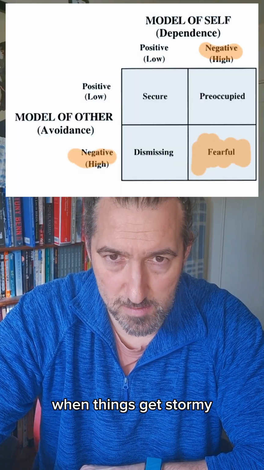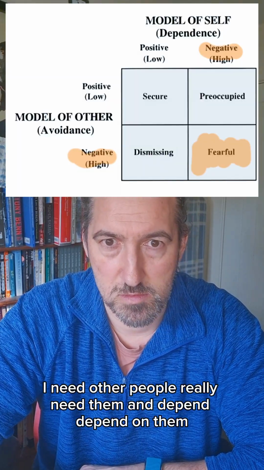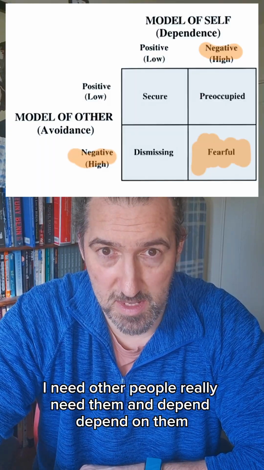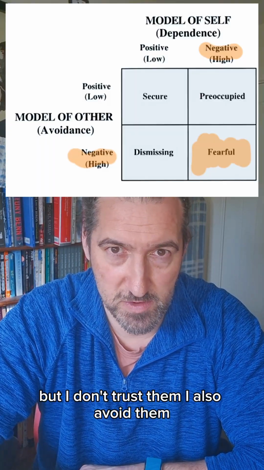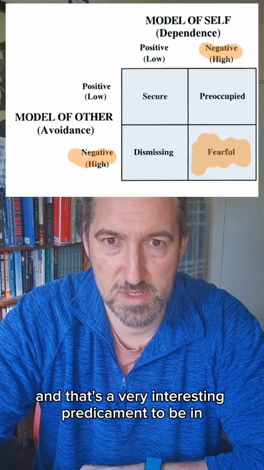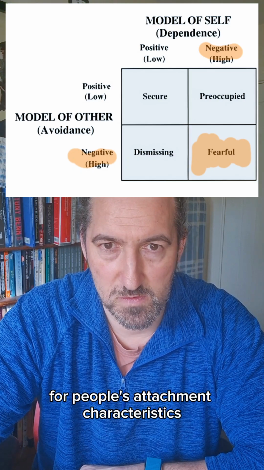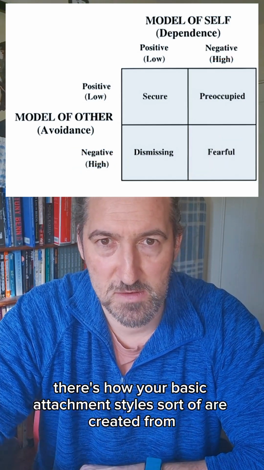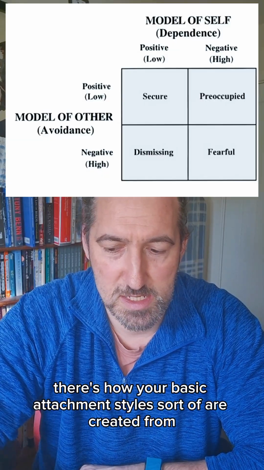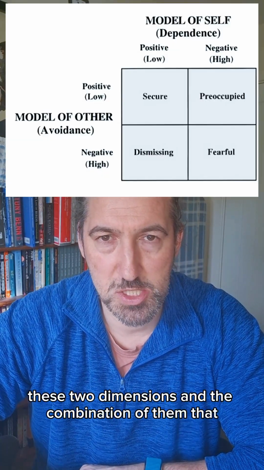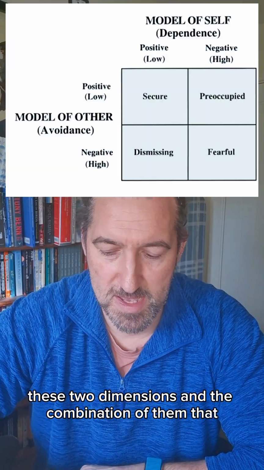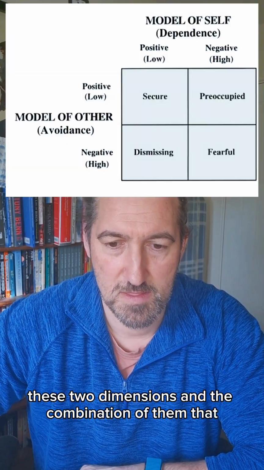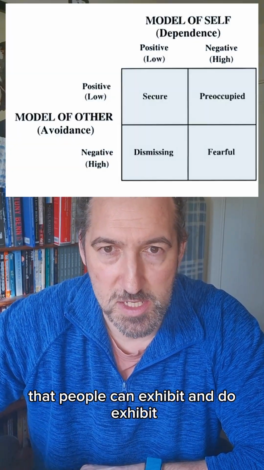When things get stormy, I need other people, really need them and depend on them, but I don't trust them. I also avoid them. And that's a very interesting predicament to be in for people's attachment characteristics. There's how your basic attachment styles sort of are created from these two dimensions and the combination of them that people can exhibit and do exhibit.